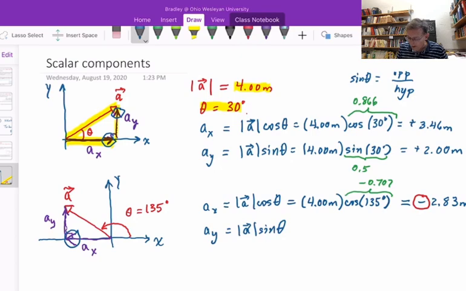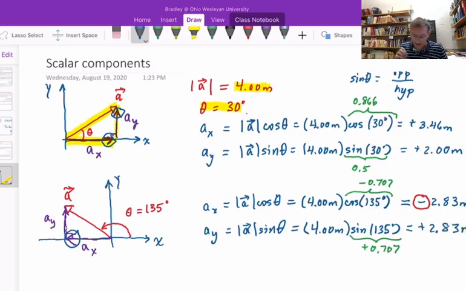Now for A_y, I do magnitude A, 4 meters, sine of the same theta, sine of 135 degrees. And you go to your calculator and you say, hey, calculator, what's the sine of 135 degrees? And it will say, oh, no problem, positive 0.707. Not negative, positive. You say, okay, thank you. 0.707 times 4 meters gives me positive 2.83 meters.